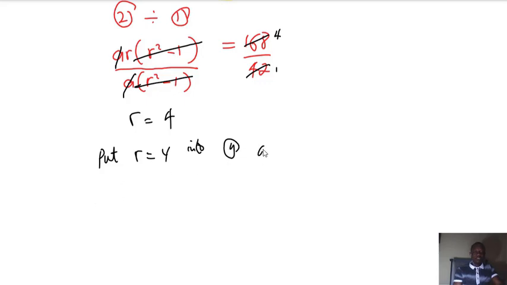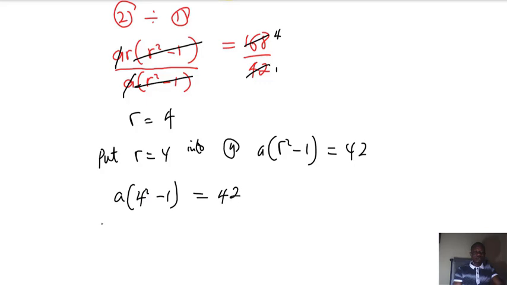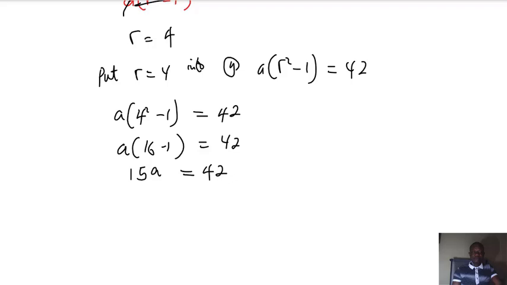Equation 1 is A times the bracket of R squared minus 1, which is equal to 42. So we have A times the bracket of 4 squared minus 1 equal to 42. So we have A times 16 minus 1 equal to 42. So we have 15A equal to 42. So here we are solving for A.